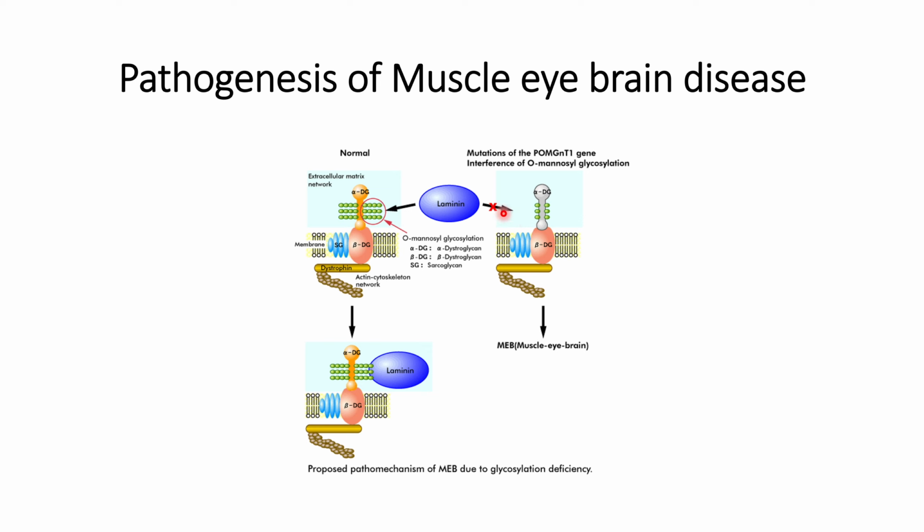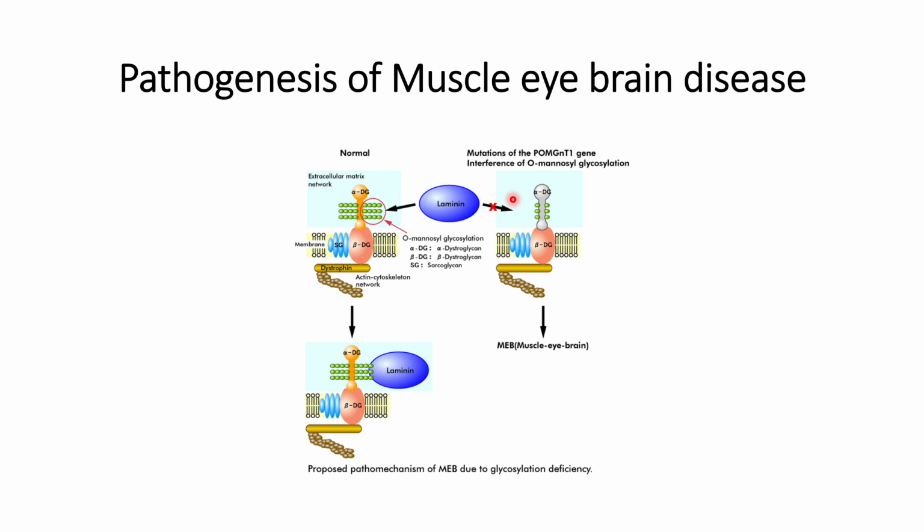Since laminin binds to the sialic acid of alpha dystrophin, which is not available or not properly glycosylated in the mutated alpha dystrophin, it will not be able to interact with alpha dystrophin.